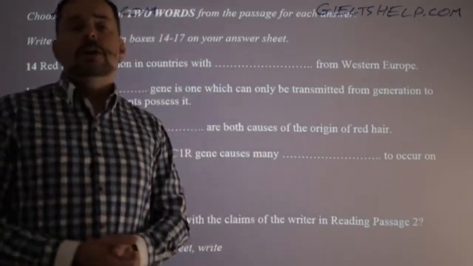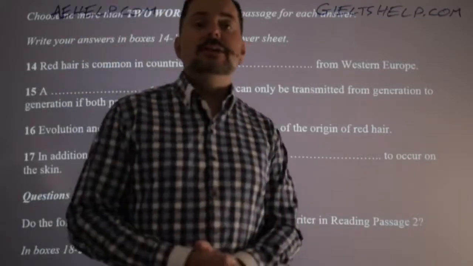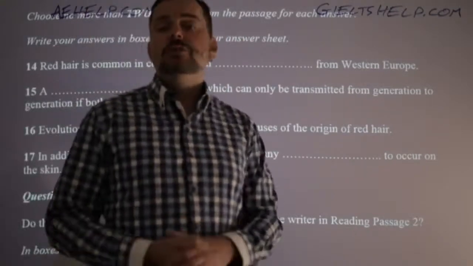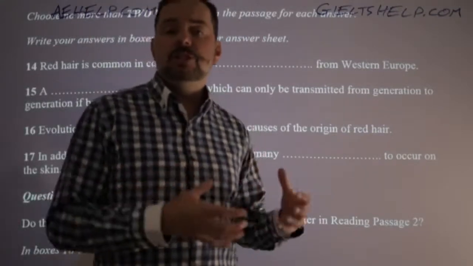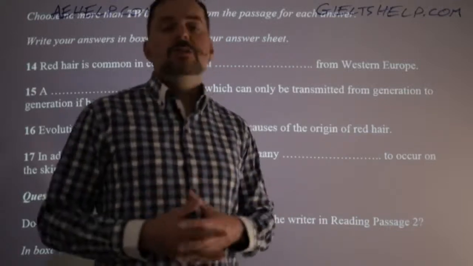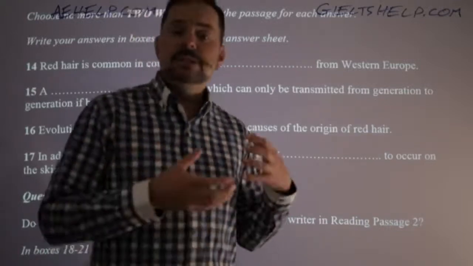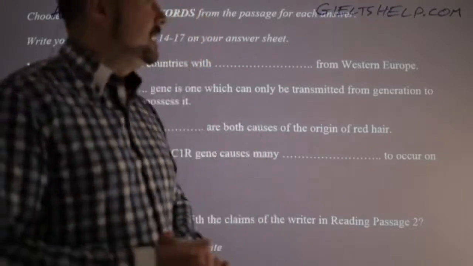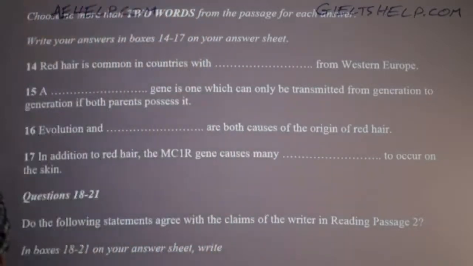So for example, true, false, not given, yes, no, not given, multiple choice answers. You do not find that information in the passage necessarily, so that can be very confusing. It's a waste of time to read such information. So the information that you read has to be information that is in the passage.